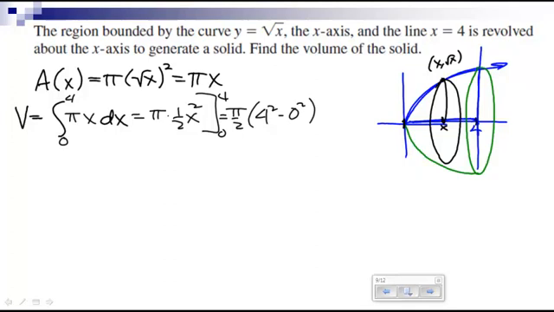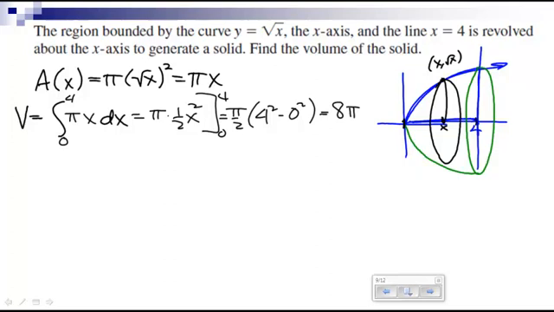Check my work, please. 8 pi. Check mark. Great. So far, so good. That way it feels a lot more comfortable to you, doesn't it?